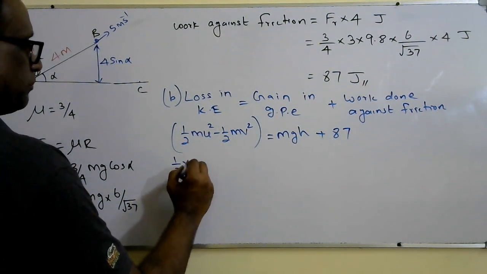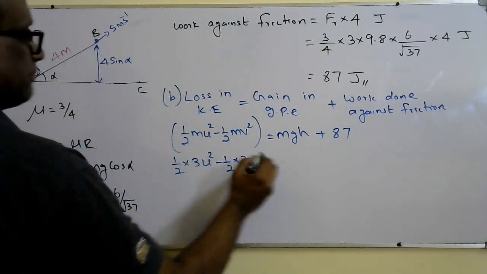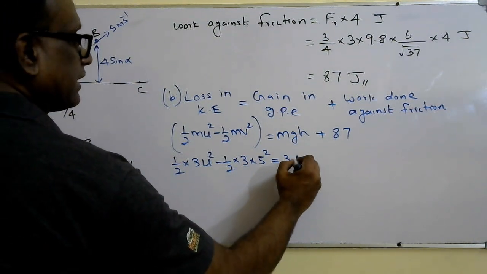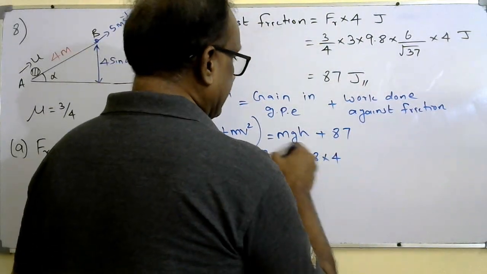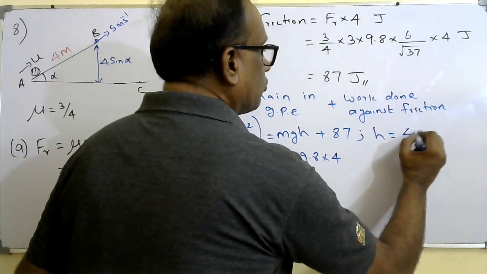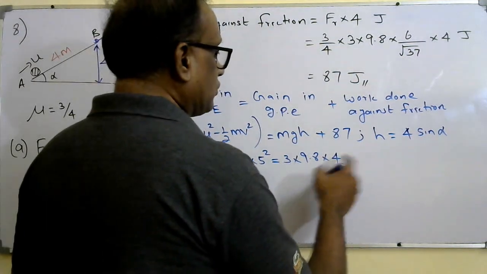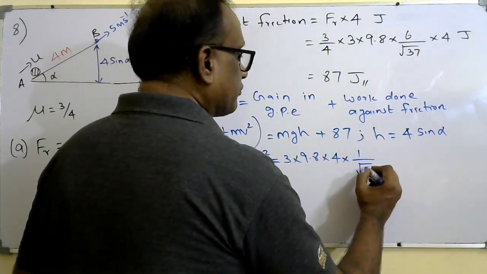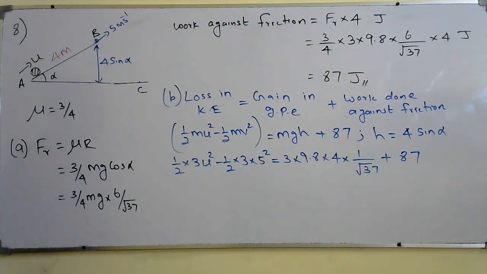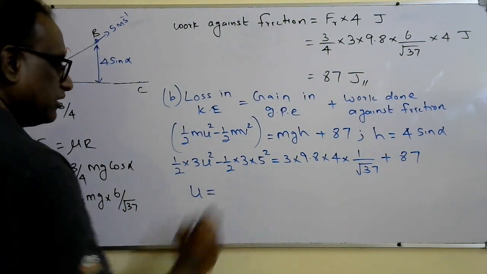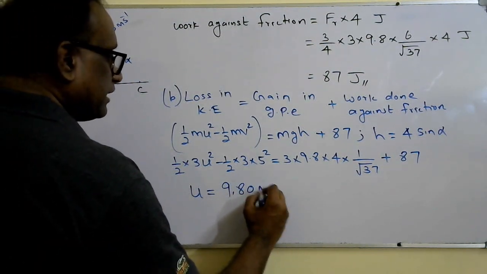So half, mass is 3, u squared minus half, 3, final speed 5 squared, is equal to 3 into 9.8 into h, where h is 4 sine alpha, 4 into 1 over square root of 37, plus 87. Everything we know except u. Carefully solve it, you will get the value of u, which is 9.80 meters per second.